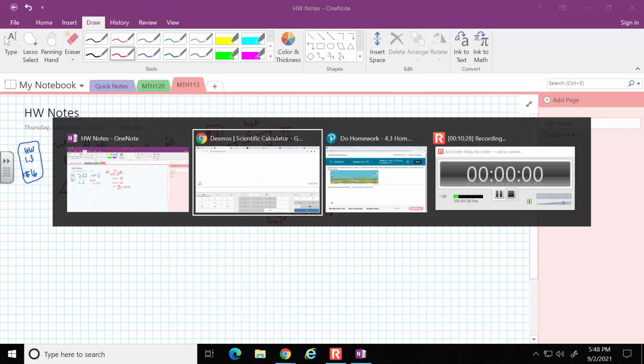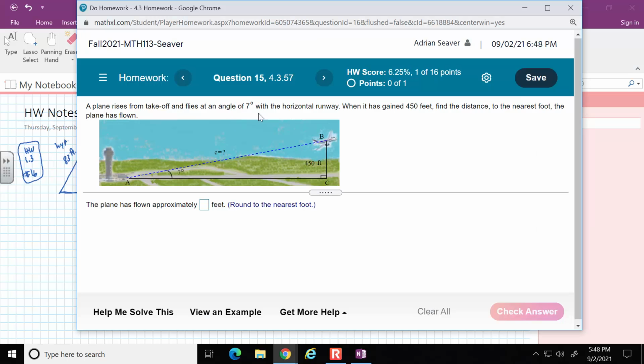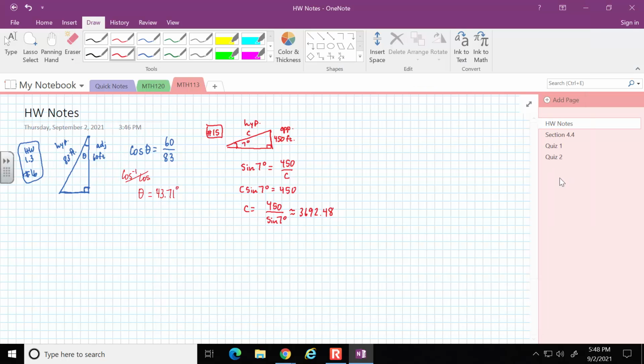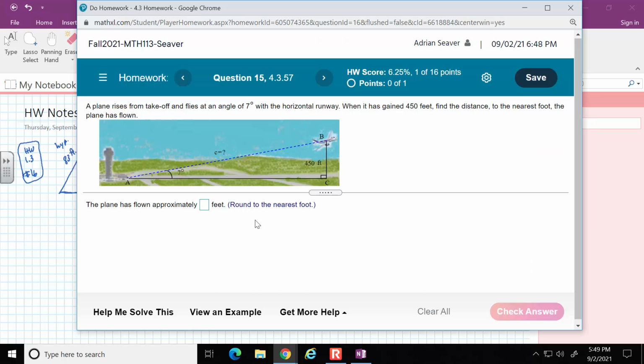Now I have to go into my problem and see what the units are. So 7 degrees, 450 feet. I'm looking for the distance to the nearest foot. So in this case it would be 3,692 feet. Hopefully.